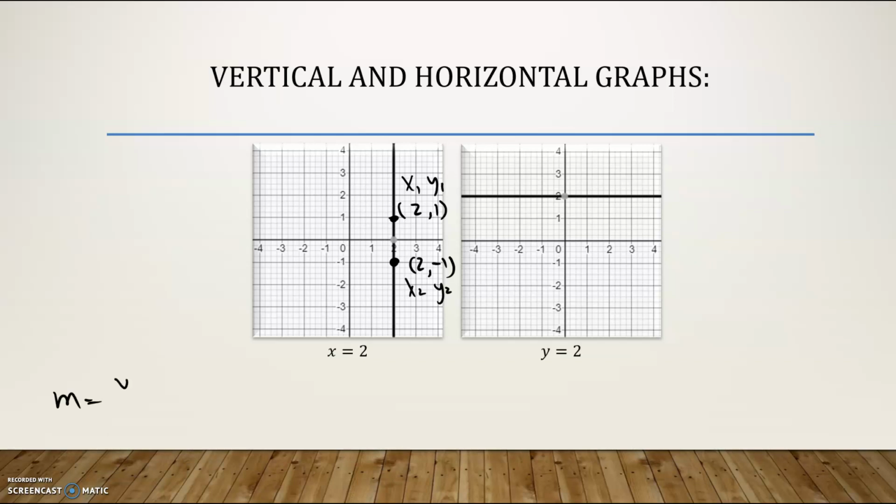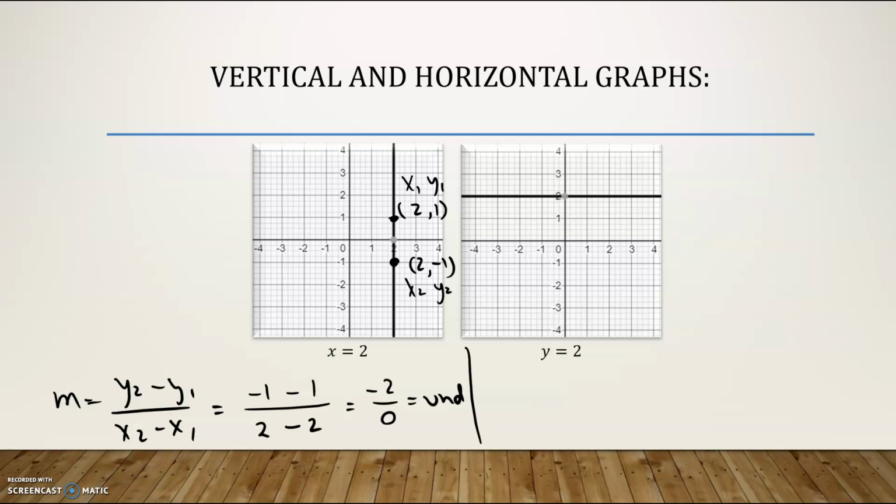So m is equal to y sub 2 minus y sub 1 over x sub 2 minus x sub 1. So we have -1 minus 1 over 2 minus 2. Notice the top is -2 and the bottom is 0. A number divided by 0 is always going to be undefined.